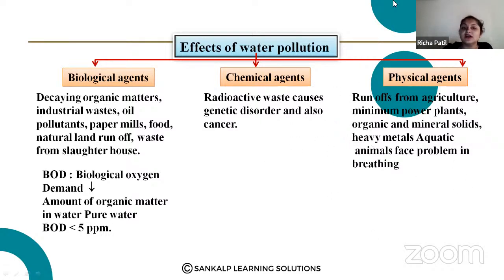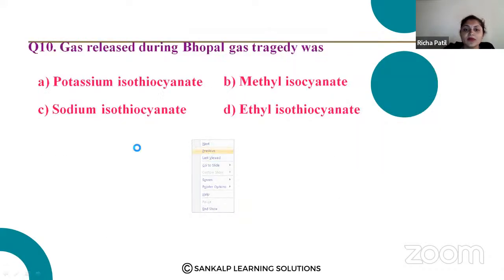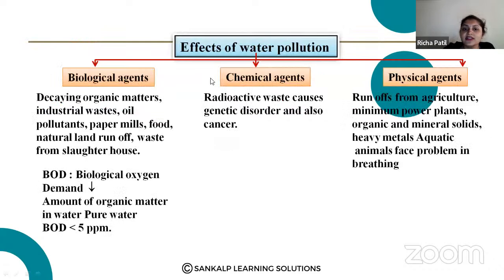So these are the three sources from which there will be adverse effects of water pollution. The aquatic life also will face a very big problem because of these adverse effects. Then BOD is nothing but biological oxygen demand.